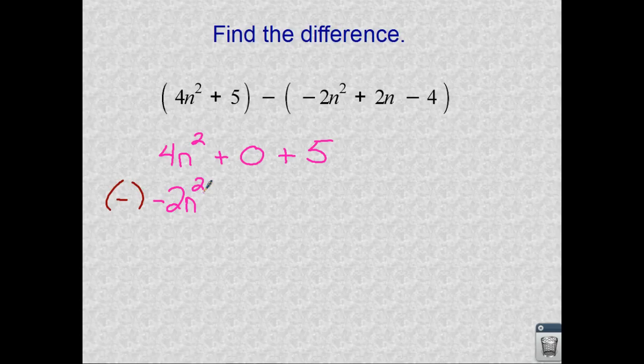Then do I have an n to the first power? I do. It's right here. So we'll go plus 2n. And then do I have any n's to the 0 power, which is a constant? And I do. I have a negative 4. All right, let's subtract.